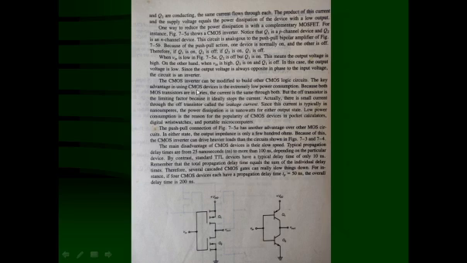The key advantage in using CMOS devices is extremely low power consumption. Because both the MOSFET transistors are in series, the current is the same through both, but the off transistor is the limiting factor because it ideally stops the current. Actually, there is a small amount of current through the off transistor called the leakage current.